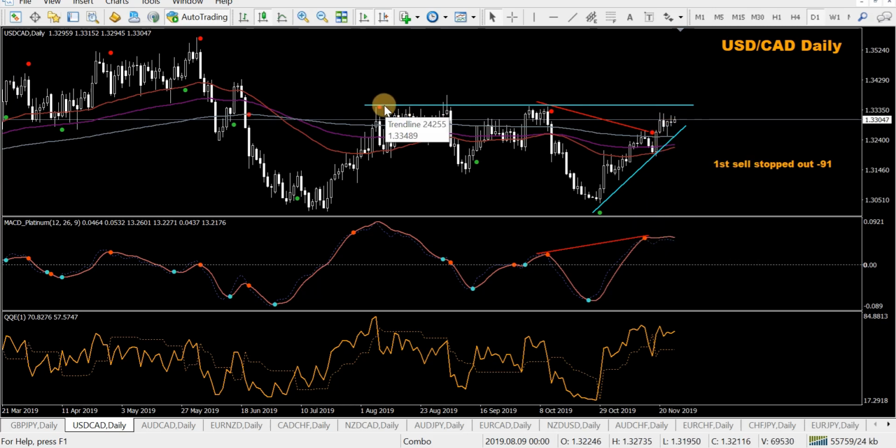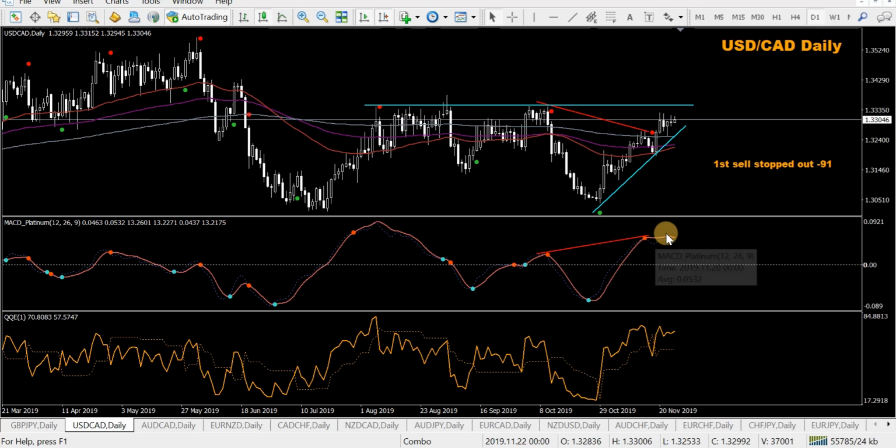But then I've drawn this other line across here, so it's a potential area of resistance. So price could come up and bounce off that. It could break straight through, no big deal, but it's just something that's got my attention. Now, if I see red trend lines like this, it normally signifies some sort of divergence, and it'll be bearish divergence in this case.